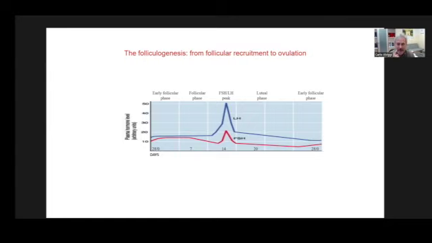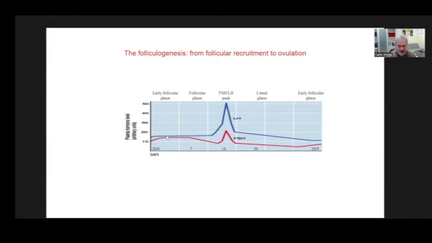So this is a schematic representation of how gonadotrophins move during a menstrual cycle. You can see here FSH, and you can see that at the beginning of the menstrual cycle, during menstruation, in the early follicular phase, there is a smooth increase in FSH because this is the moment of the final steps of selection of a dominant follicle.